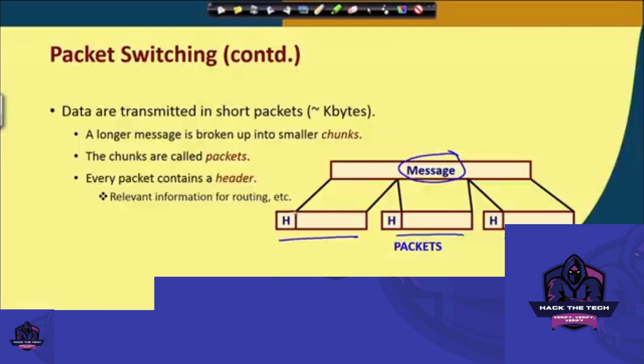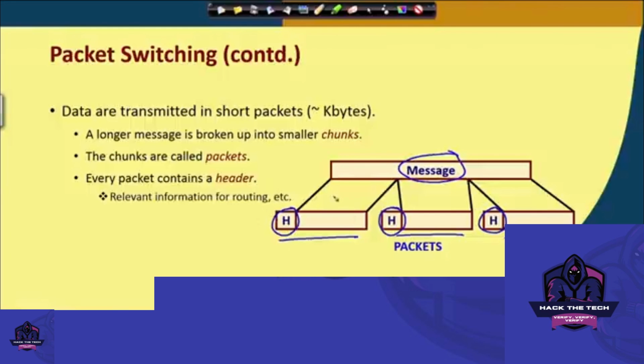And with each packet you add a header. This header will contain some relevant information like where you want to send the packet, the destination address, and some information relating to that. So each of these packets will have some additional overhead in terms of headers, okay?